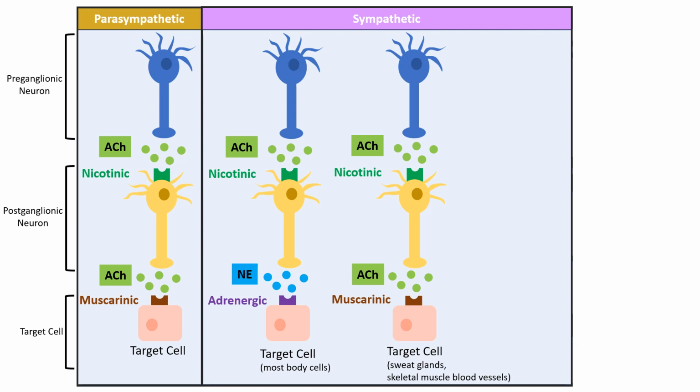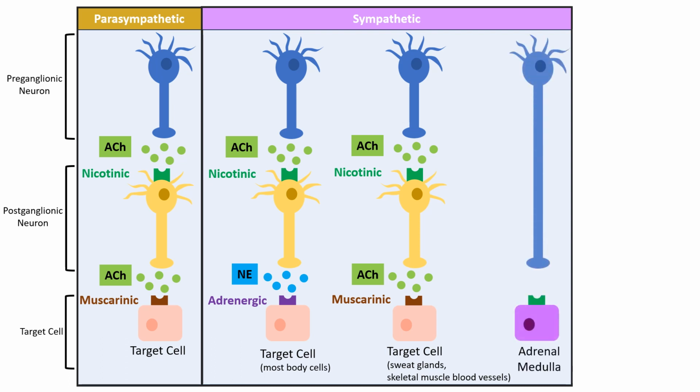Now, I still have a little more space in my sympathetic square because I have one more scenario to cover. Now, this last scenario does not involve a two-neuron system. This one involves the neuron that is leaving the central nervous system and engaging the adrenal medulla. So then we have to ask ourselves, what sort of neurotransmitter is this neuron releasing?